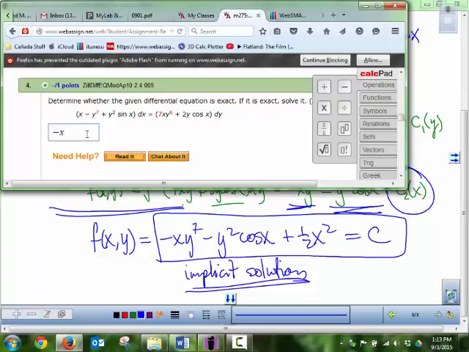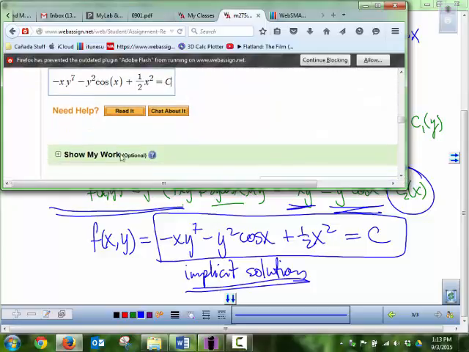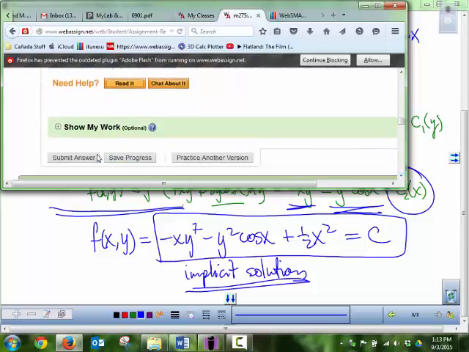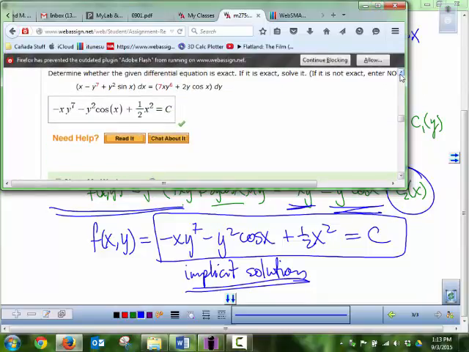You get a negative x times y to the 7th minus y squared cosine x plus 1/2 x squared equal to a constant. Right? Looks good. All right? So that's how you solve for exact equations.